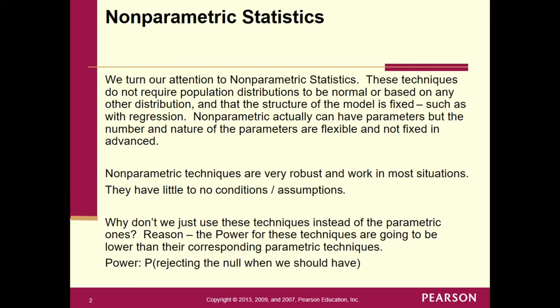So the power will always be higher with the parametric techniques than their corresponding non-parametric techniques. And remember, we want power to be high, especially if we're a researcher, when we go ahead and run our test. And so, if we can run the parametric techniques, we should.